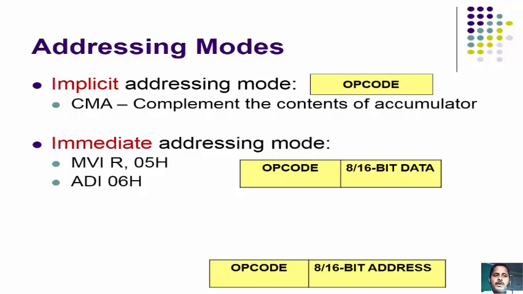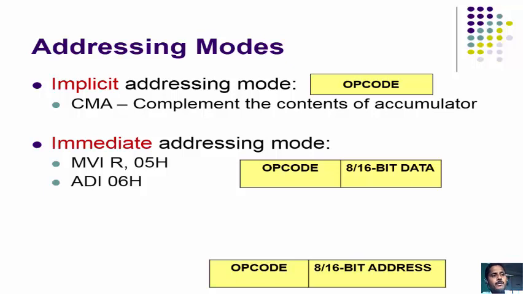The size of the instruction in this case is 2 byte or 3 byte. If 8-bit data is in the operand field, it is a 2 byte instruction: 1 byte opcode and 1 byte for 8-bit data. If 16-bit data is in the operand field, the size of the instruction is 3 byte: 1 byte opcode and 2 bytes for the 16-bit data.